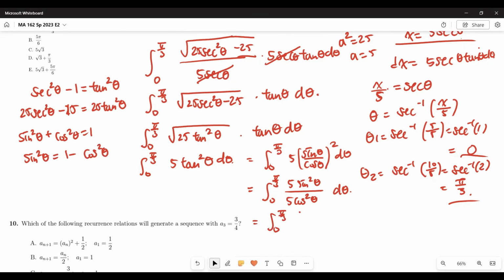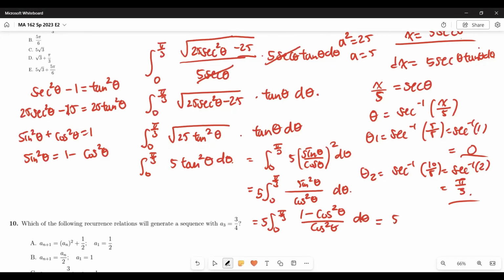Let's just take the 5 outside of the integral. And then let's write sine squared theta as 1 minus cosine squared theta, over cosine squared theta d theta.